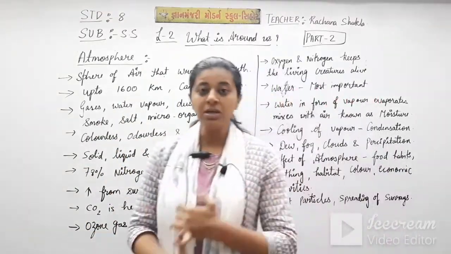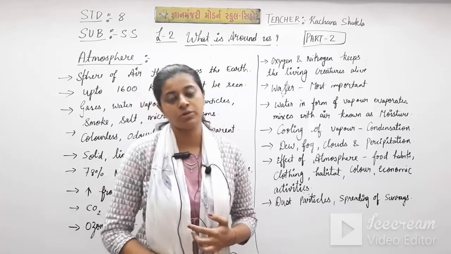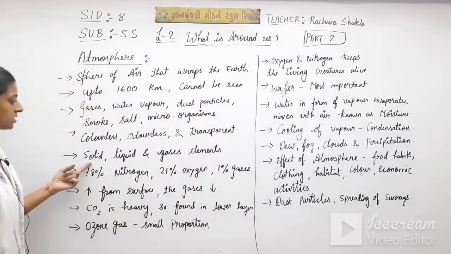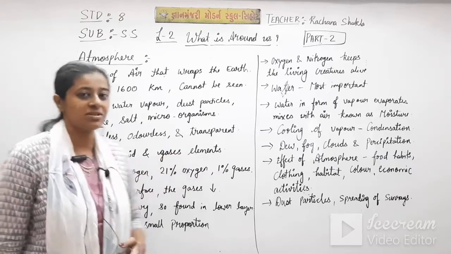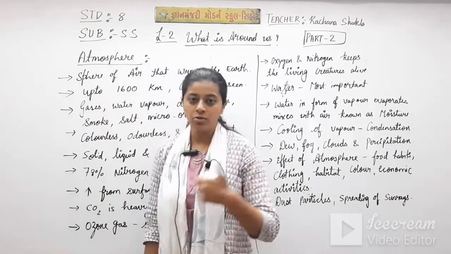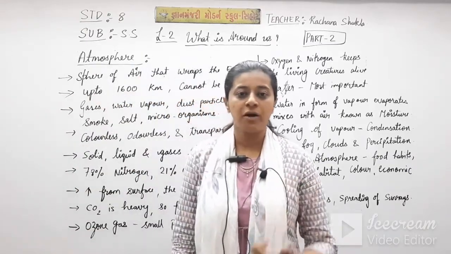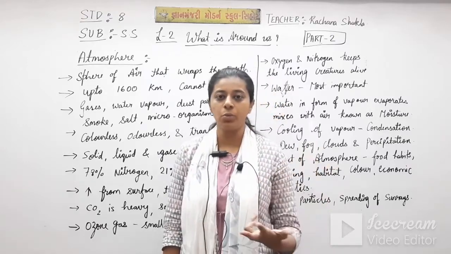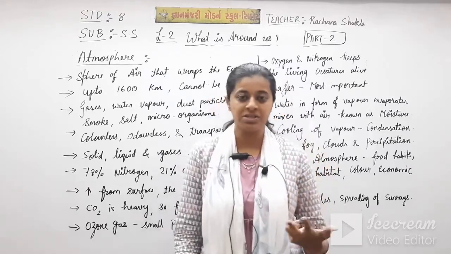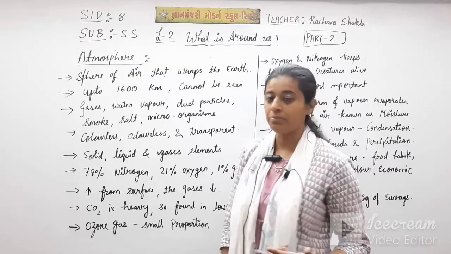Now there are 3 main components that are found in atmosphere, and that is solid, liquid and gaseous elements. So we have solid particles found in the atmosphere, then we have liquid, and we even have gaseous elements in the atmosphere.